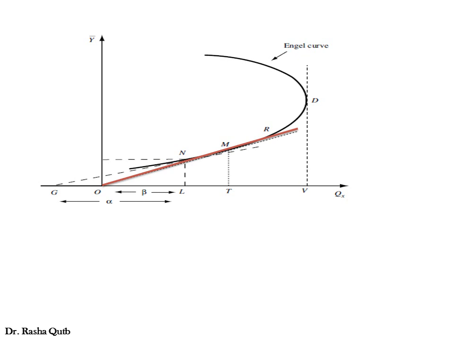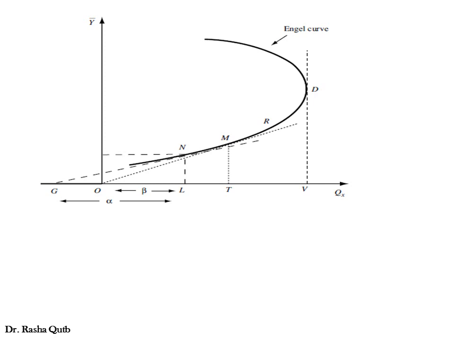So applying the previous rule, the income elasticity of demand at point M equals the distance between the perpendicular and the tangent, which is OT, over the distance between the perpendicular and the origin, which is also OT. Since the two distances are equal, the income elasticity of demand equals 1. This means that when the tangent to the Engel curve intersects the point of origin, the income elasticity of demand equals 1.